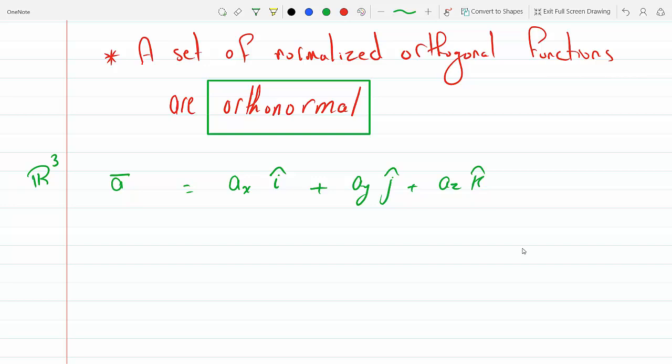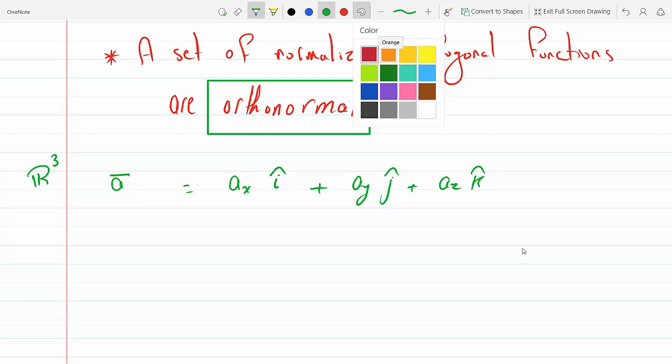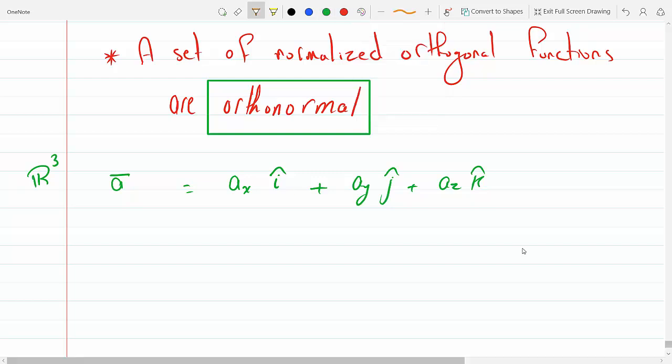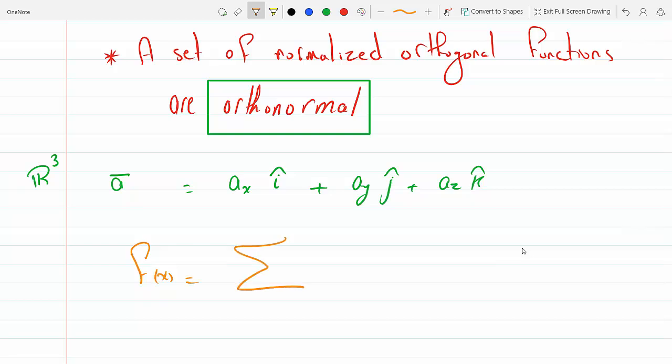When we expanded f of x in a Fourier series, we said f of x is the summation of coefficients Cn, and let's say that we do the Fourier sine series or cosine, either way. This was root 2 over pi, because we know that's the normalized function, sine nx.